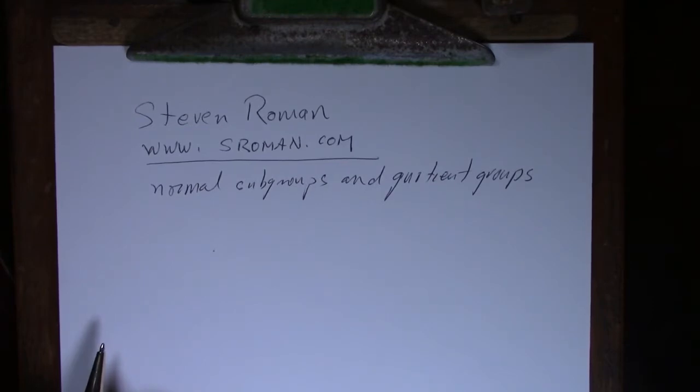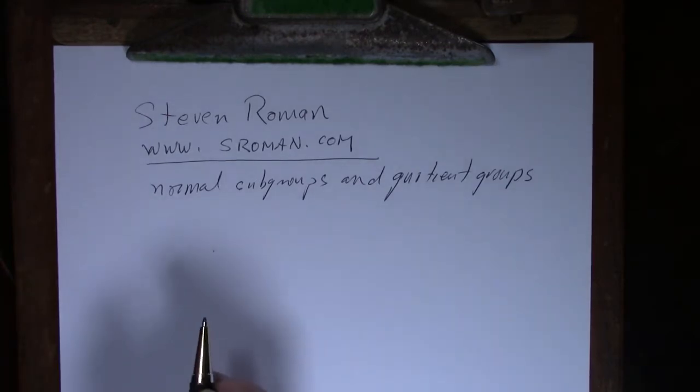Today I want to talk about normal subgroups and quotient groups. It's been my experience in teaching math for almost 40 years that treatments of these subjects are not very well motivated.